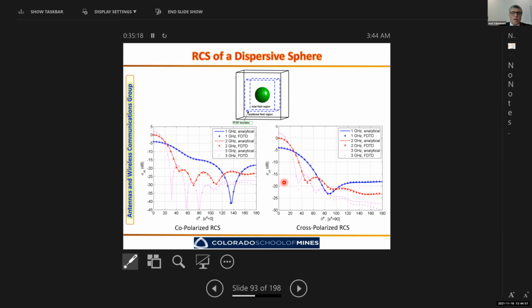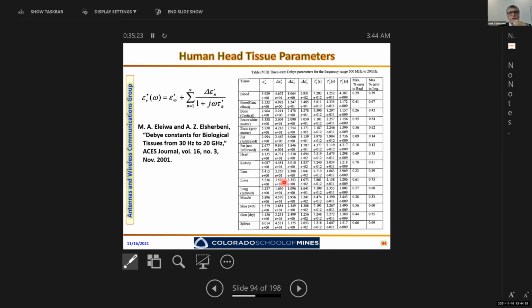So to be able to do this, some of the examples that we have worked with is the human tissue, specifically human head. And about 20 years ago, we developed this correlation between the variable permittivity as a function of frequency for all these different types of human tissues, as a function of the Bioheat equation, in which we use 3 terms.